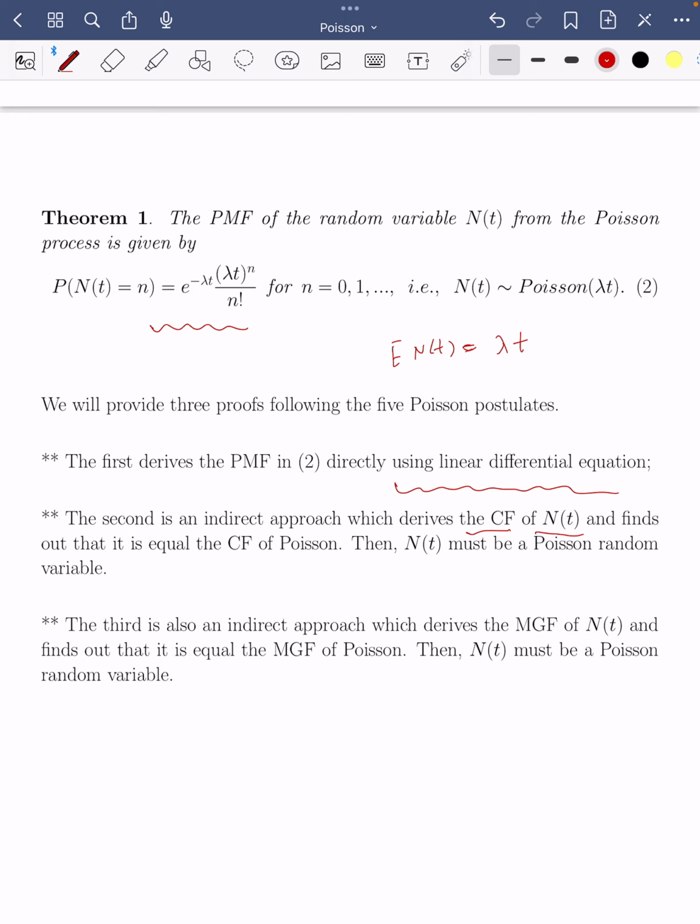Then we find out that the CF is equal to the CF of a Poisson, and we conclude that N(t) must be a Poisson random variable. The third method is also an indirect approach, which derives the moment generating function of N(t). We find that this moment generating function is the same as that of a Poisson, and we conclude that N(t) must be a Poisson random variable as well.